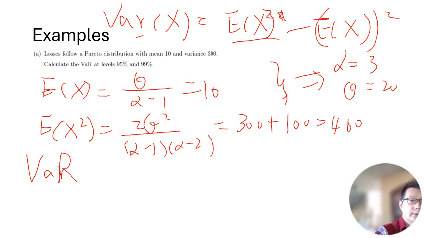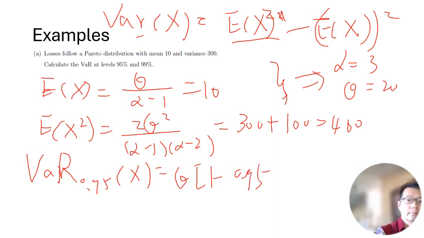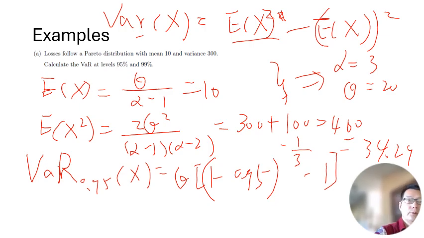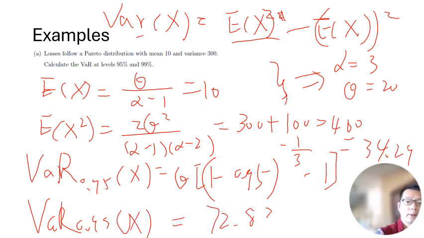Value at risk, which has the formula too, is this. This is nothing but putting the values into the formula. So this would calculate as 34.29. Similarly, we'll calculate for 99% VaR of X, you will get 72.83.